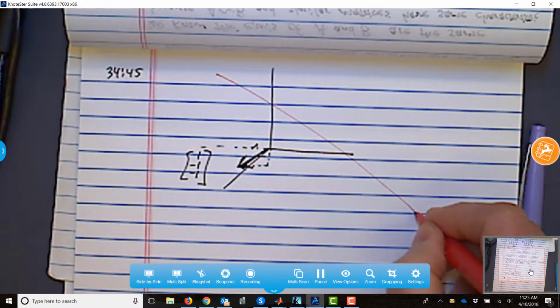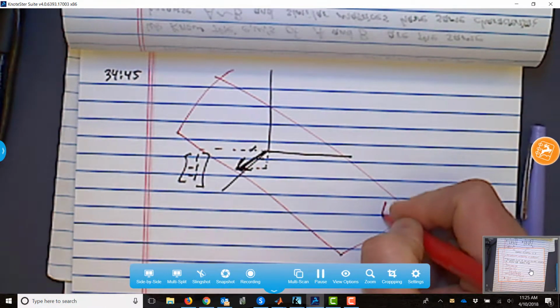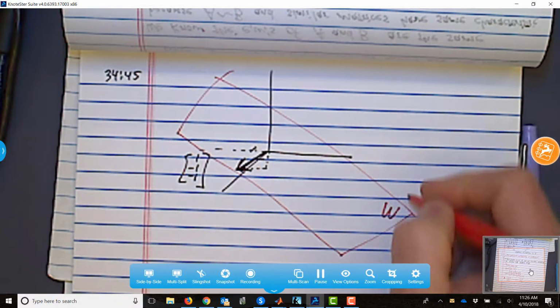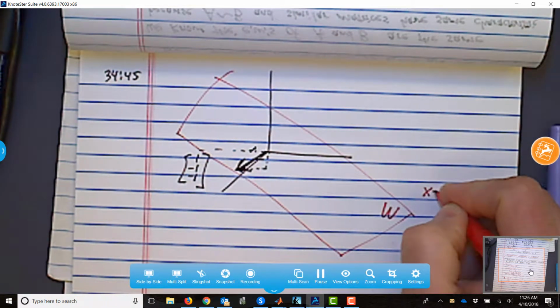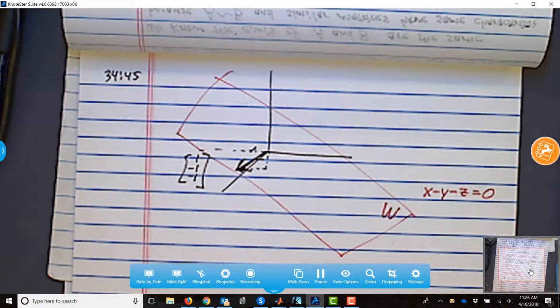I don't know, there's some kind of plane here. And this would be my plane, W. Okay? And this plane again is x minus y minus z equals 0. Does that make sense, guys?